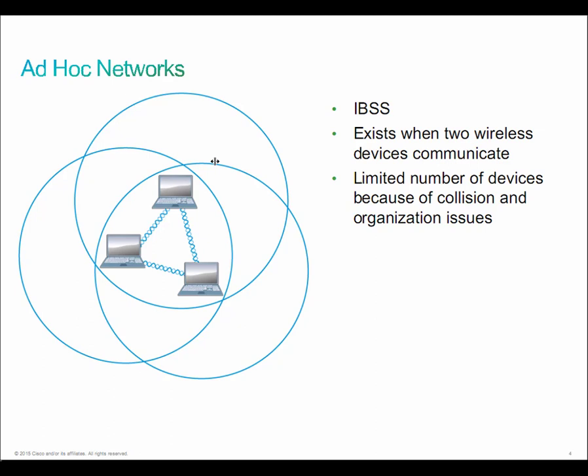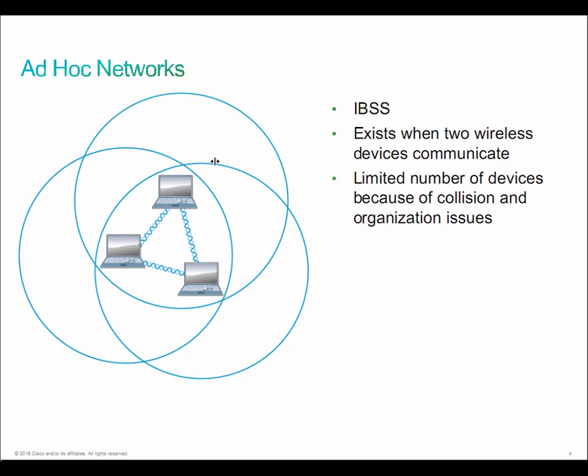So we see three devices on this diagram and three blue circles. Those blue circles represent essentially their field of wireless connectivity. So the blue circle represents that basic service set. And we'll talk about different network or different infrastructures a little bit later.